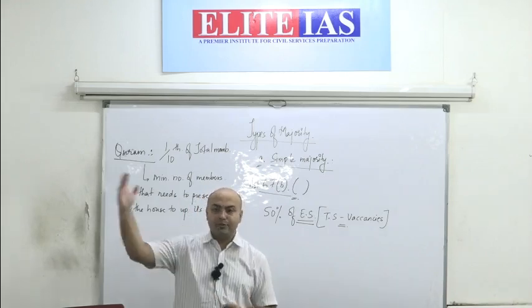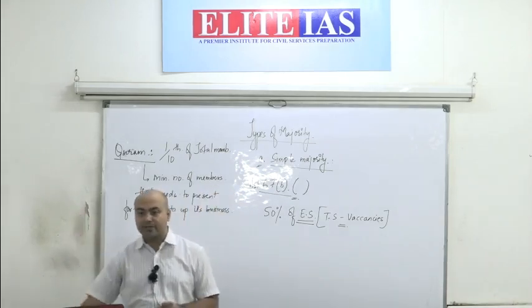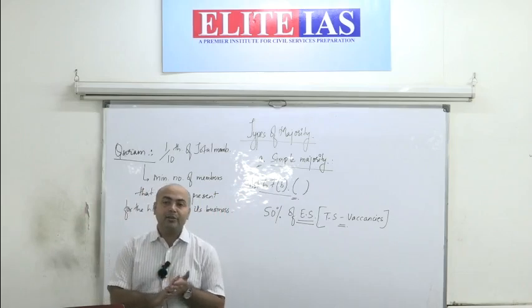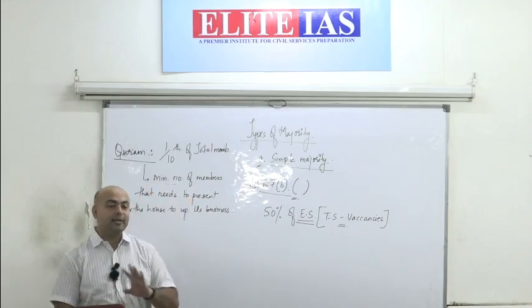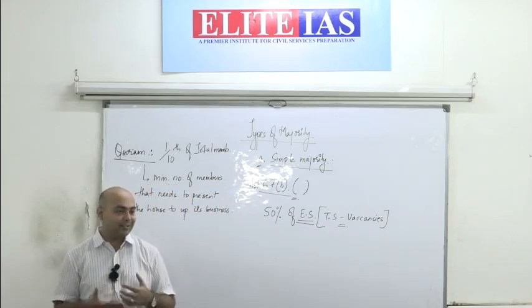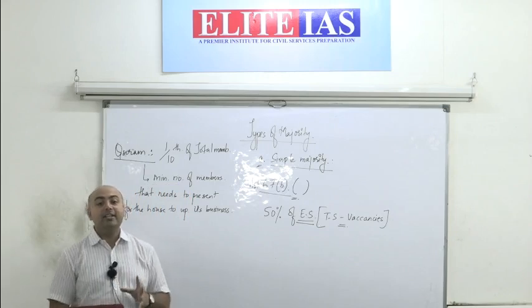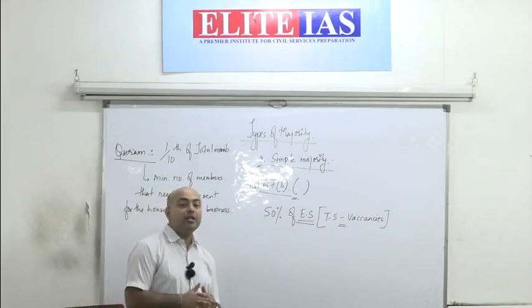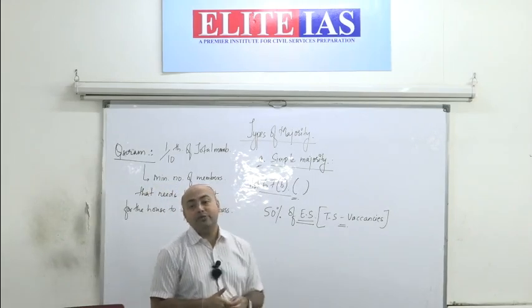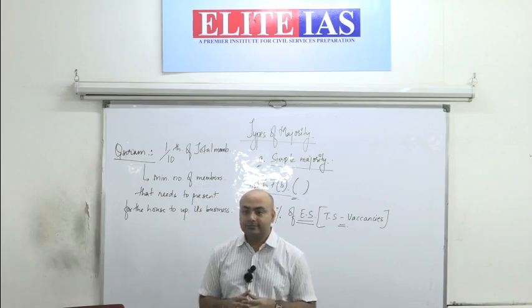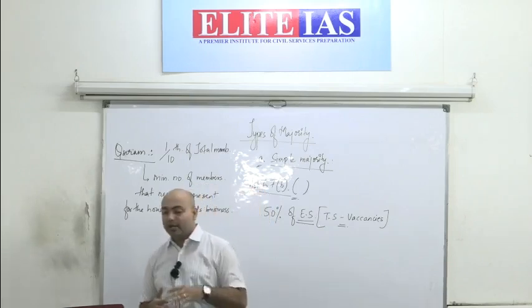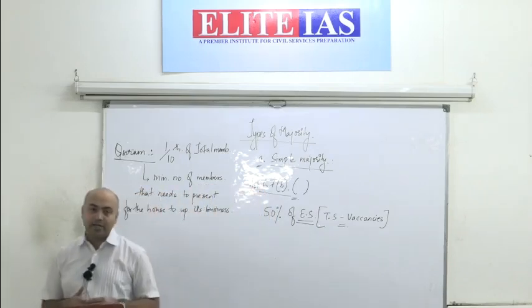Forget about it. I am going to deal with it later on as well. I am just informing you so that you are a bit mentally at peace. Otherwise, you will always be thinking, what is this? Article 312 of the Constitution deals with formation of new All India services. Clear? Formation of new All India services. I hope you know what is All India services.